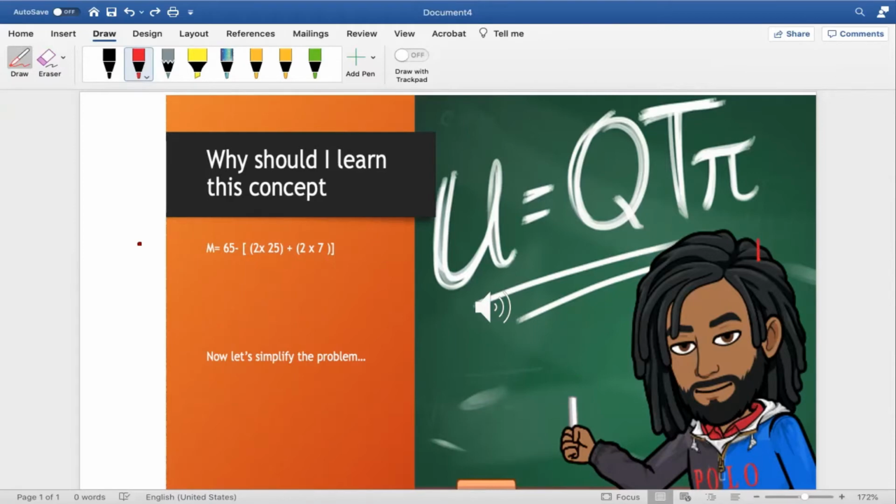All right, students, so now we're about to simplify this equation, m equals 65. First thing we're going to do when we simplify is make sure we use our PEMDAS that I taught you. Please excuse my dear Aunt Shaniqua. Parentheses or brackets. Exponents, remember we don't use those. I'm going to write them right here just so we can remember.